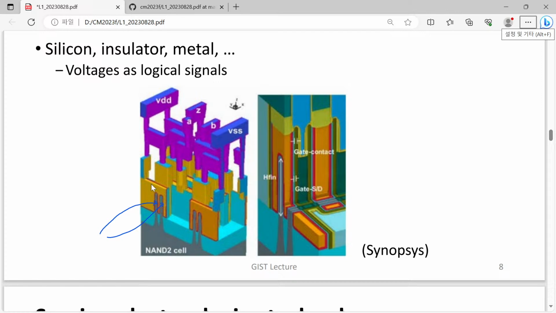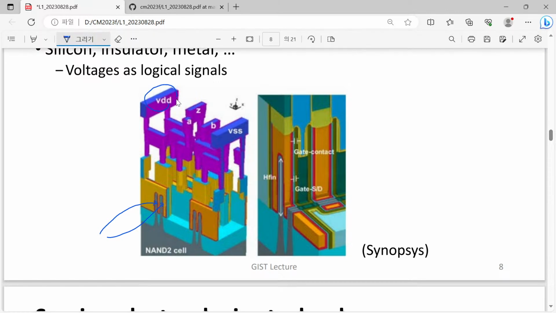So here we have VDD and VSS, which corresponds to ground, and VDD is 0.7 volt, and A, B and Z are related to two input parameters and one single output parameter.